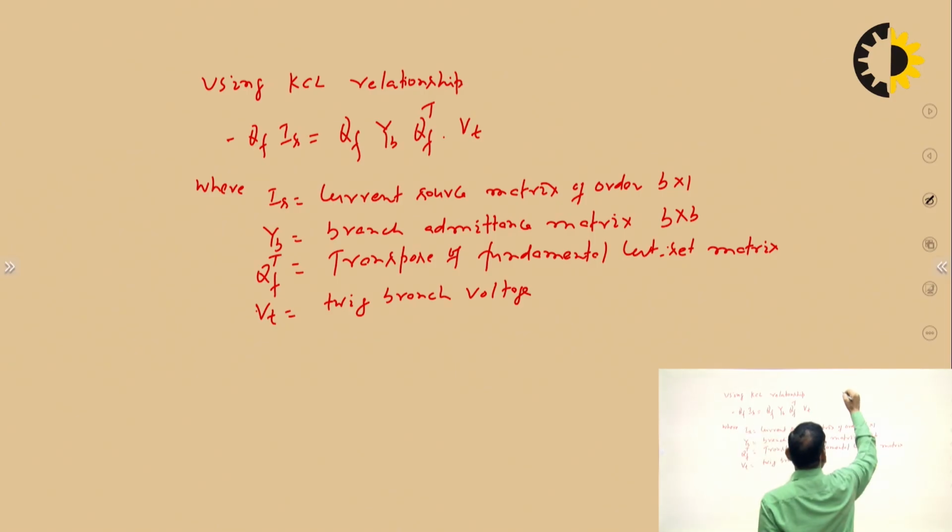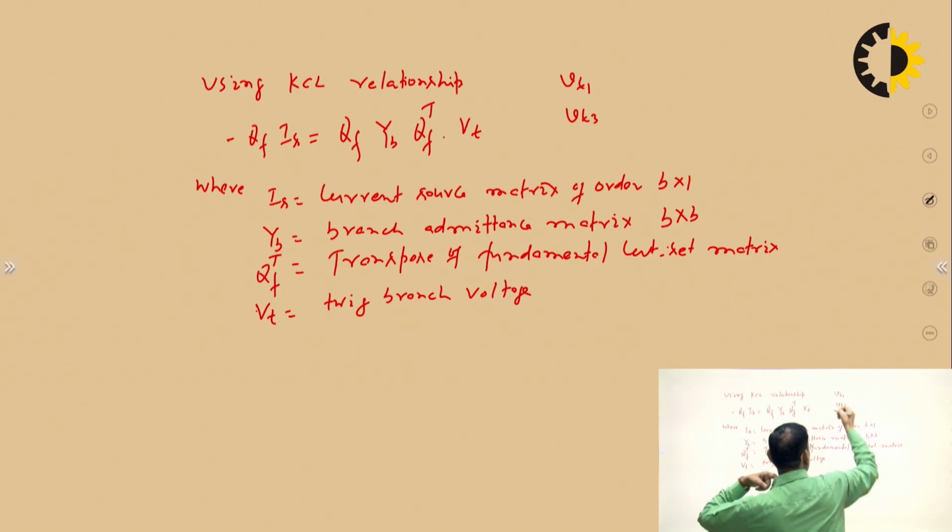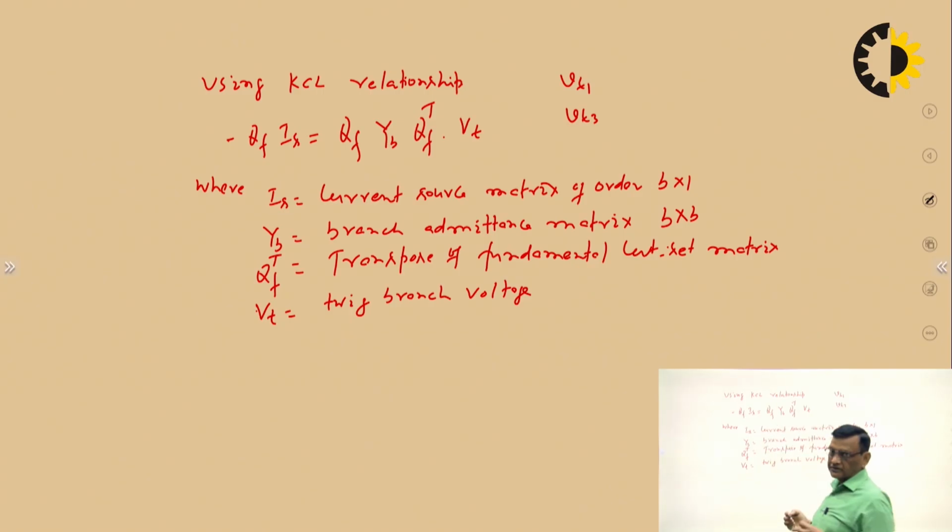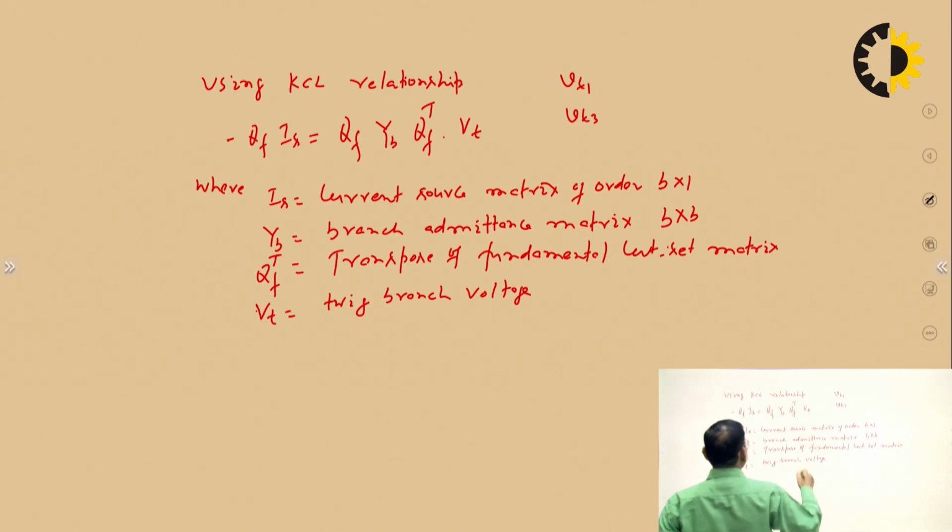So VT, we have VT1 and VT3. So this is also a matrix. There are 3 branches, 2 twigs, so VT1 and VT3. Now first you have to calculate the branch admittance matrix, because we have obtained this one.